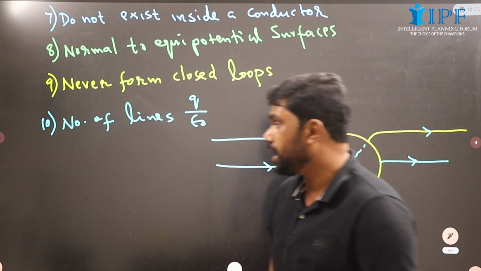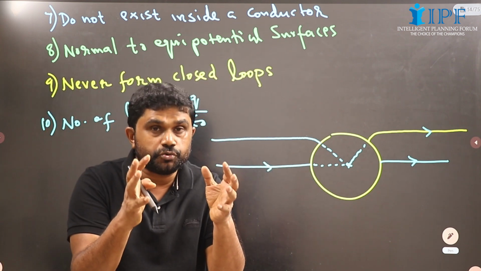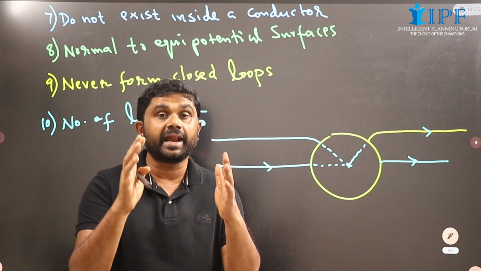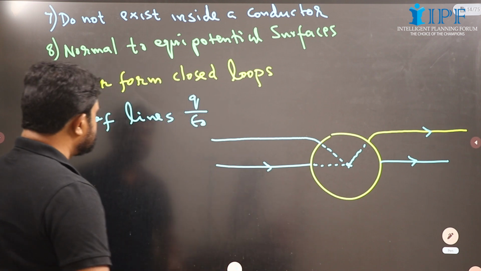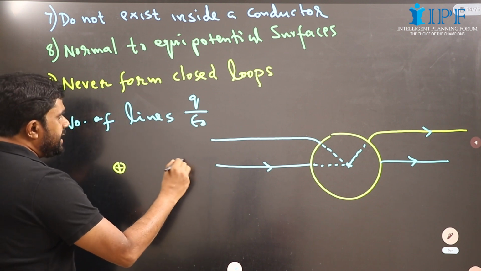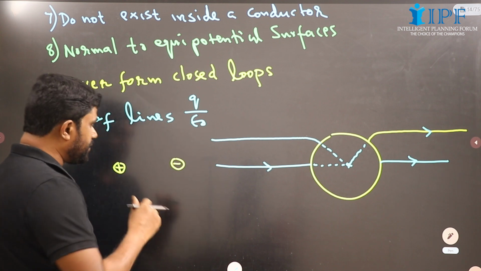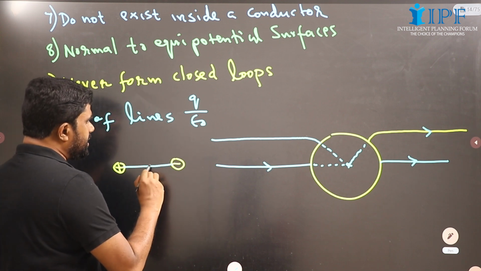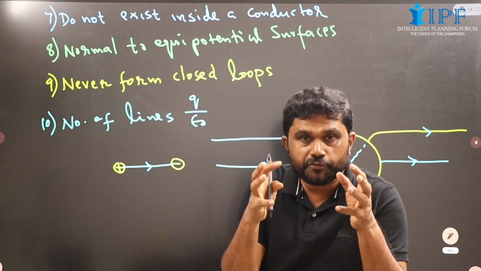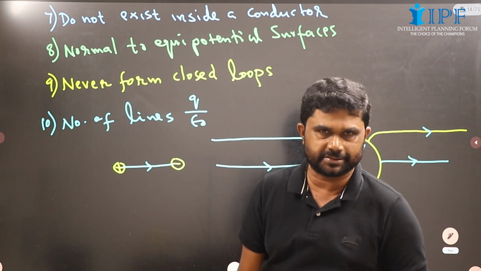In addition to that, the electric lines of force tend to contract longitudinally and repel laterally. What does it mean? Suppose we have a positive charge and a negative charge here. Electric lines of force originate from the positive charge and terminate in the negative charge. These electric lines of force have a tendency to reduce their length.